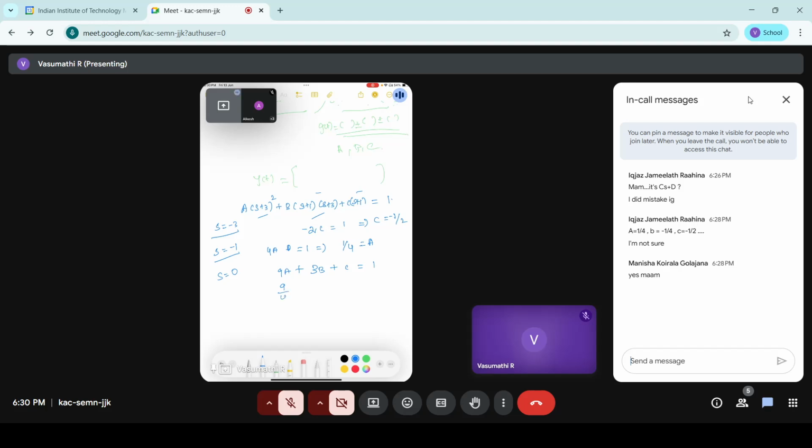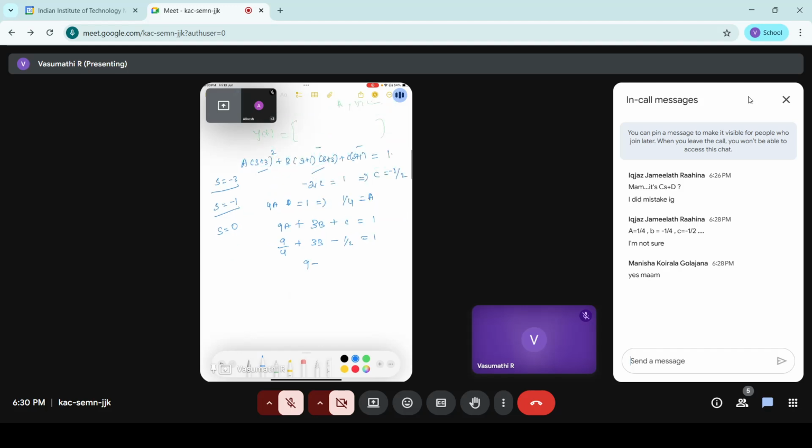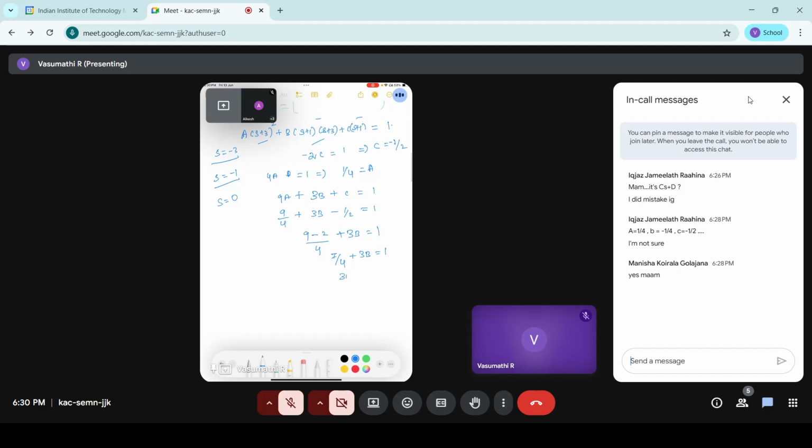So this will be 9 by 4 plus 3B minus 1 by 2 equal to 1. 9 minus 2 by 4 plus 3B equal to 1. 7 by 4 plus 3B equal to 1. 3B equal to minus 7 by 4 minus 3 by 4... so B equal to minus 1 by 4.